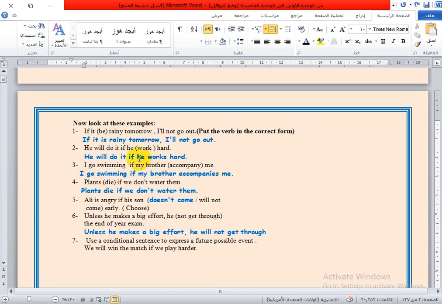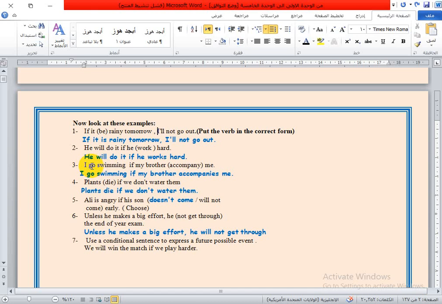Here we have if preceded by the main clause. The main clause is go, which is a present simple. Which type of conditional sentence? The main clause is in the present simple. This is the zero conditional. Only in the zero conditional is the main clause a present simple, because in the first conditional the main clause must be future.